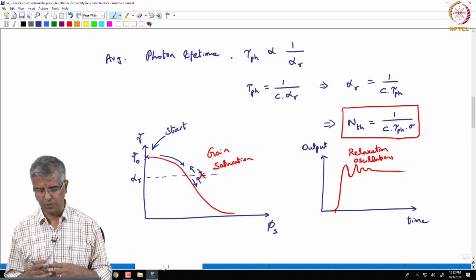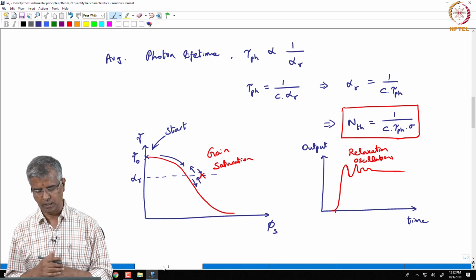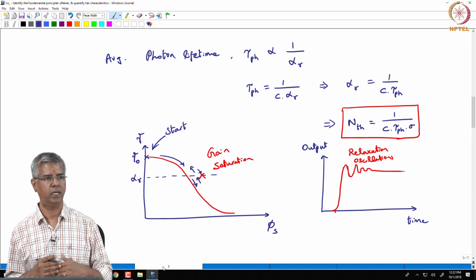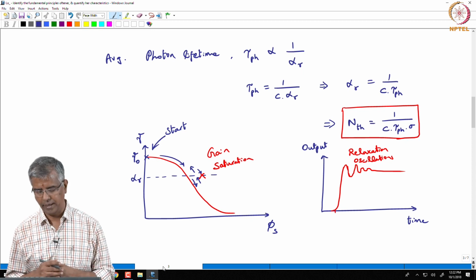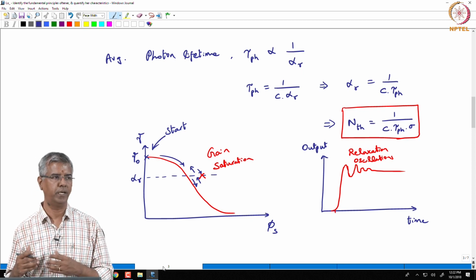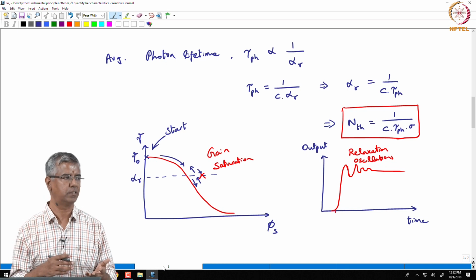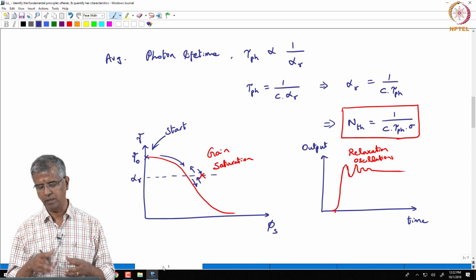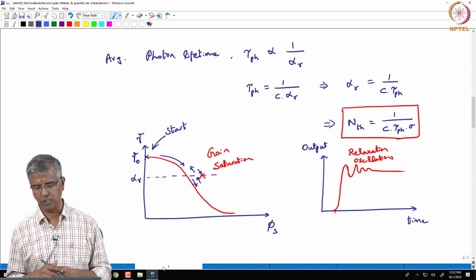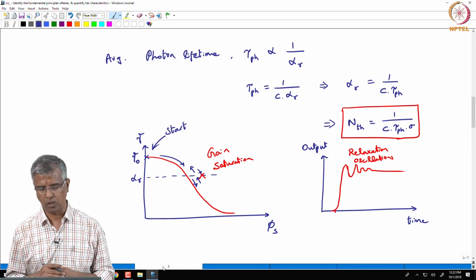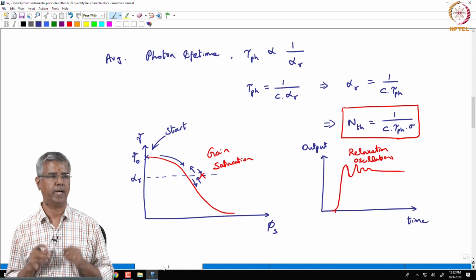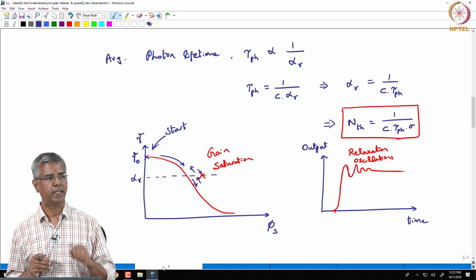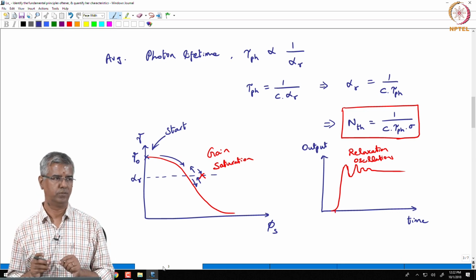It may go to a point where the gain is actually saturated below the loss in the cavity, at which point the gain recovers. Okay, and then it will go through some oscillations before it stops at steady state. And the key point that we noted was that at steady state the gain equals the loss.